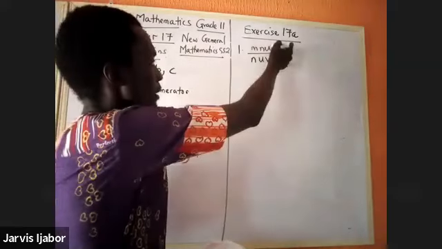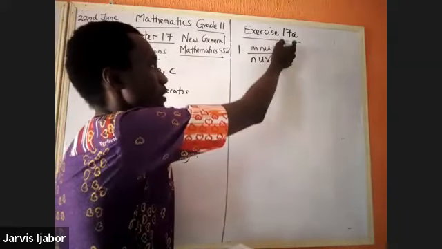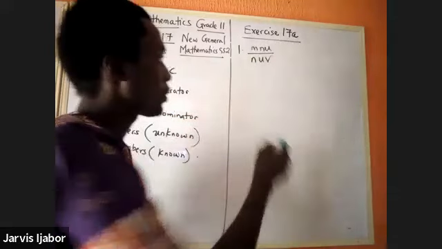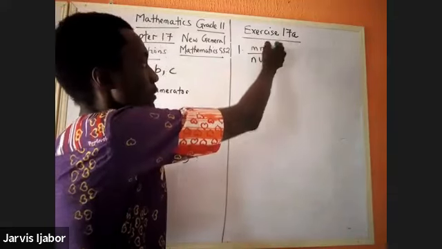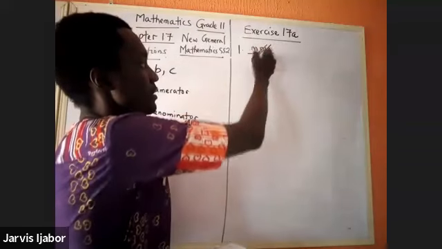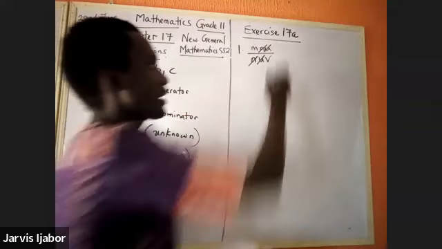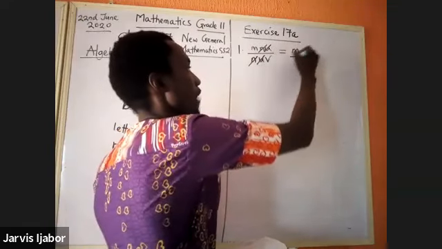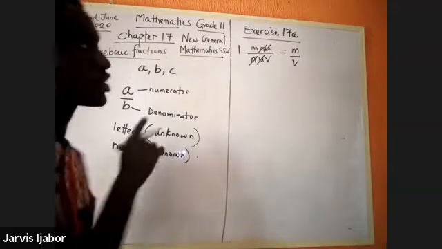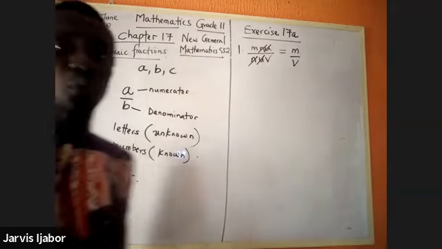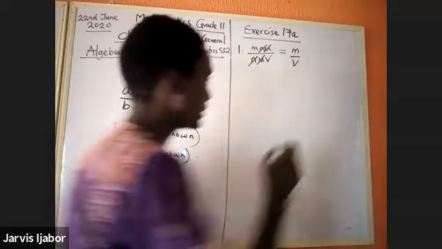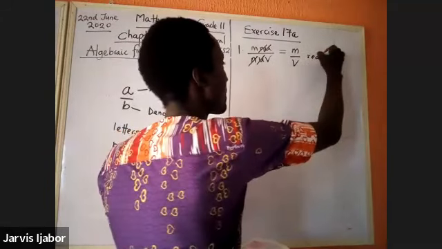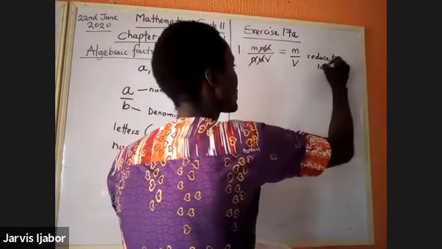Cancellation is done from numerator to denominator. If you look at the numerator, you can see U, N. So at the end of the day, what I'm left with is what? M over V.